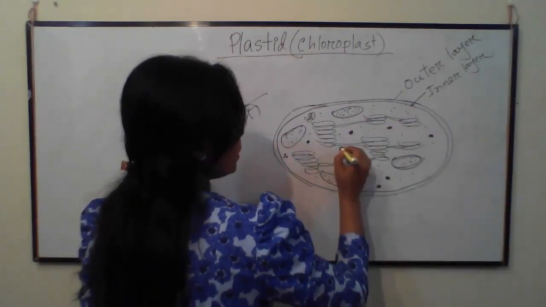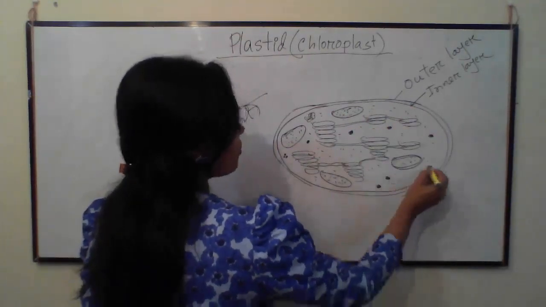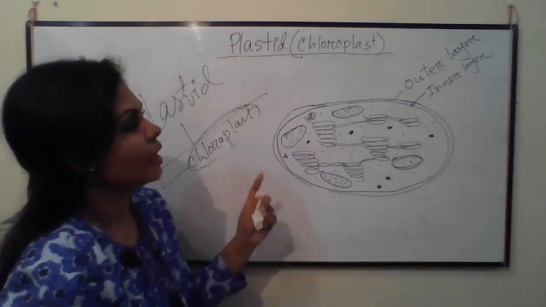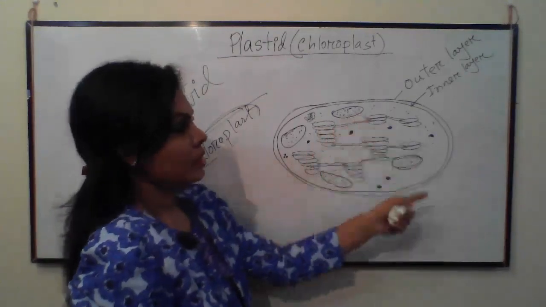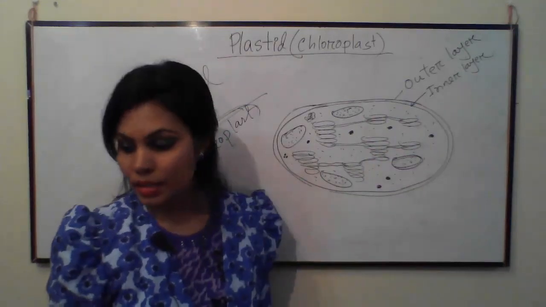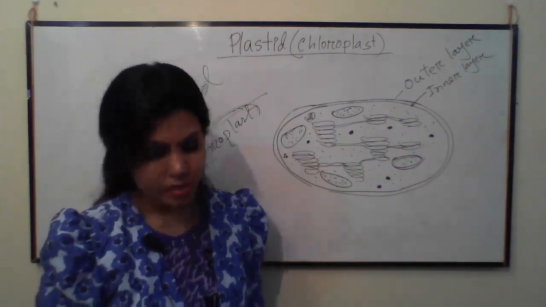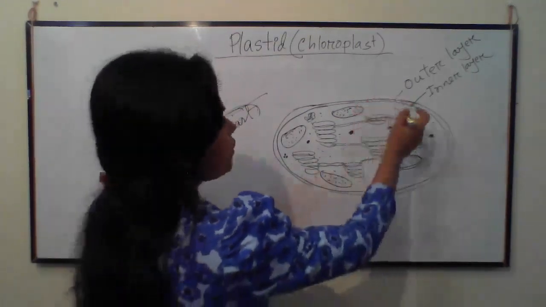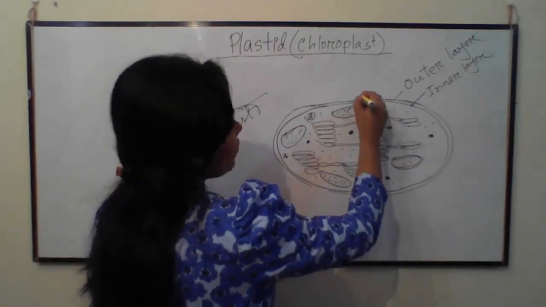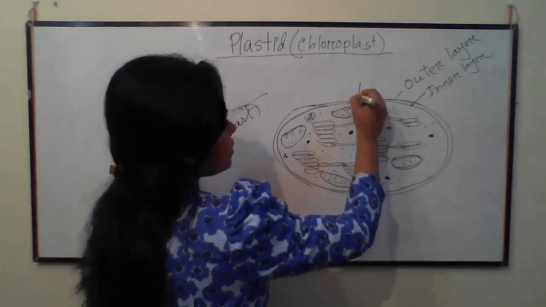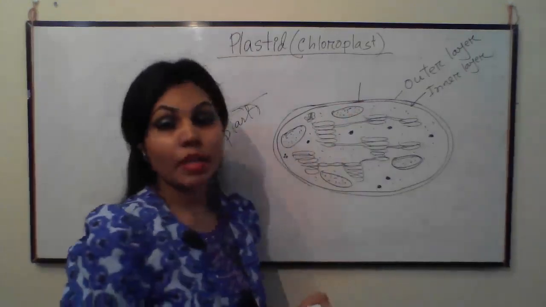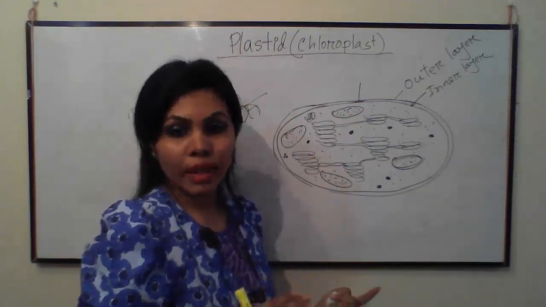Watery, protein-rich substances. Now let me do the labeling. Already I have written this is a double layer membrane, outer layer, inner layer, and one thing I did not tell yet: the space between the outer layer and the inner layer is called periplastid space.